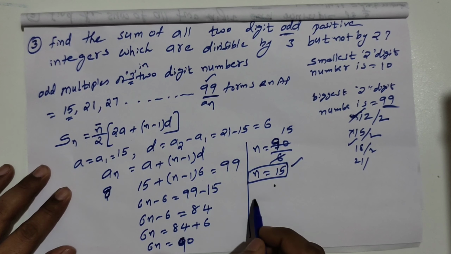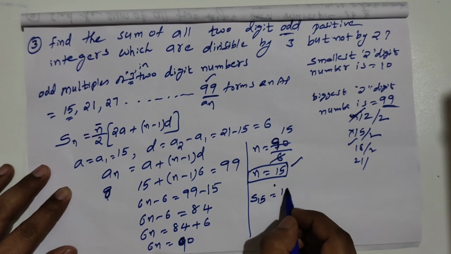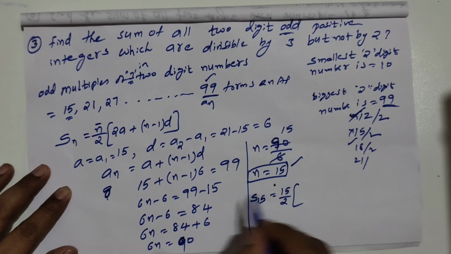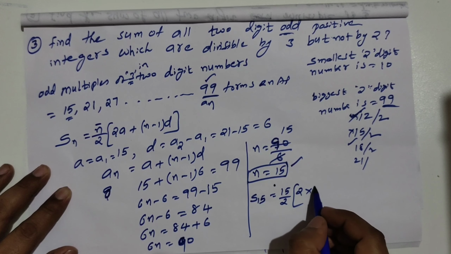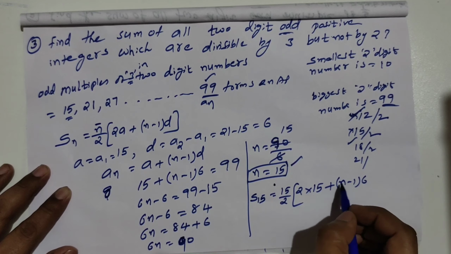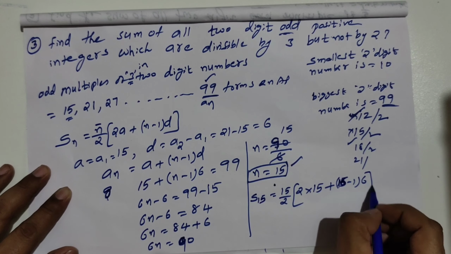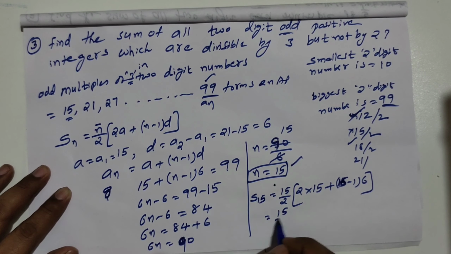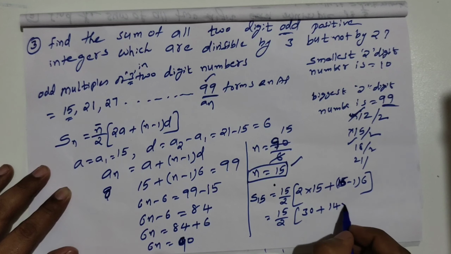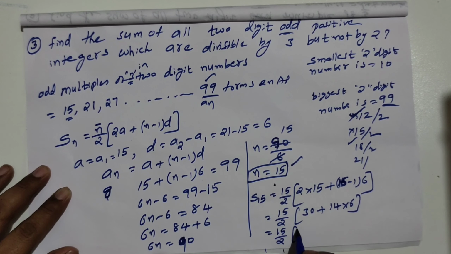Now by substituting we get it easily. Substitute n value 15 by 2, the a value is again 15, plus n minus 1, that is 15 minus 1, into the d value 6. So 15 by 2, 30 plus 14 into 6, that is 15 by 2, 30 plus 84.